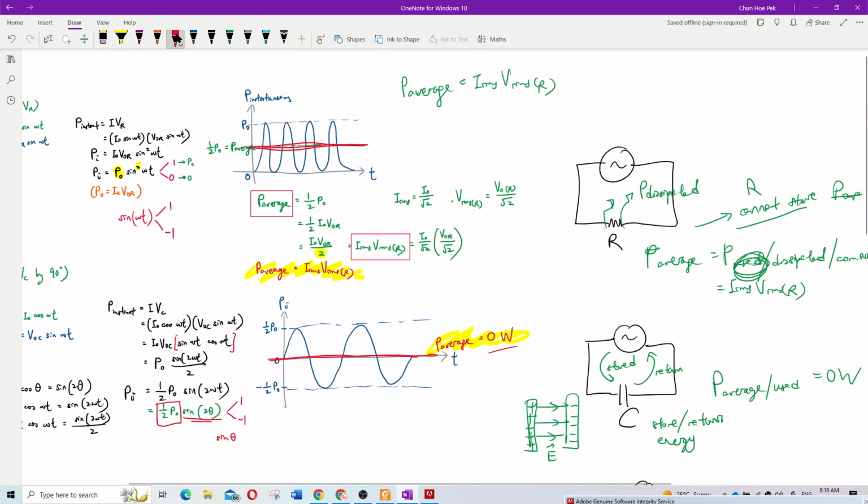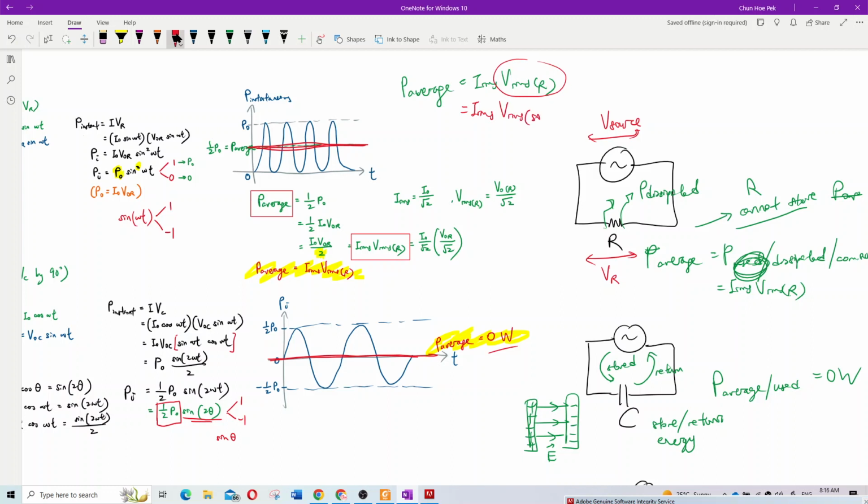What you can see here is this is the voltage across the source, and this is the voltage across the resistor. So this can be rewritten as IRMS times VRMS source.